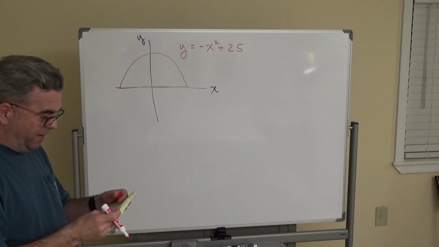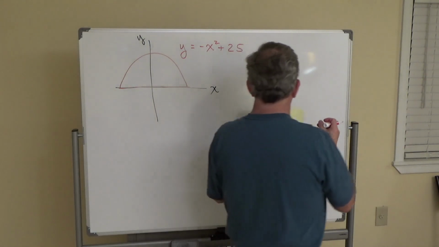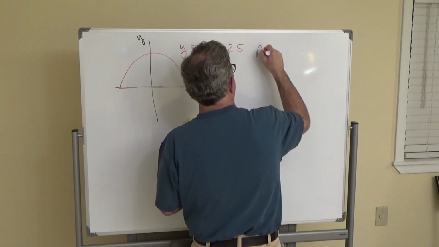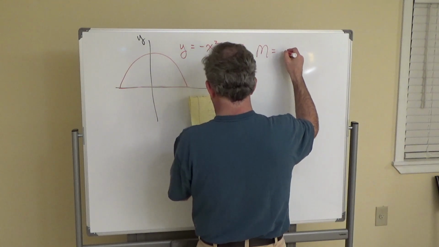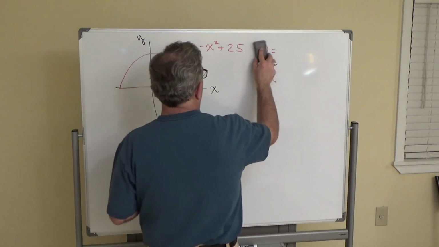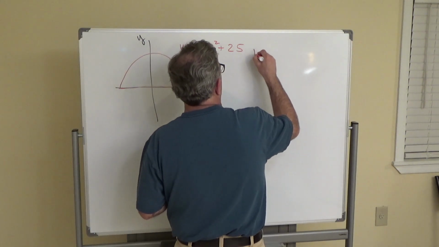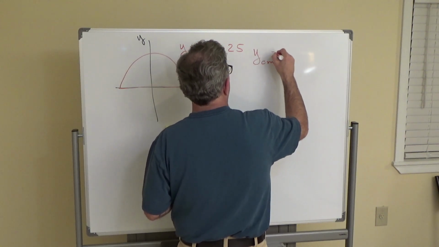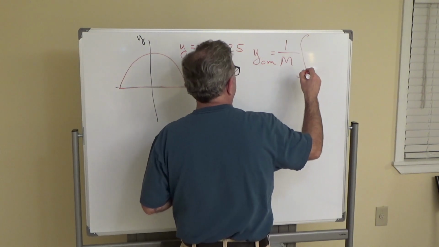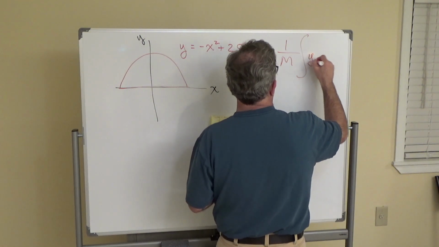So from what I wrote down before, I'm going to change it just a little bit. Y center of mass is equal to 1 over big M times the integral of y dm.